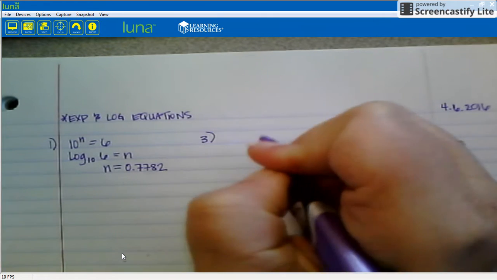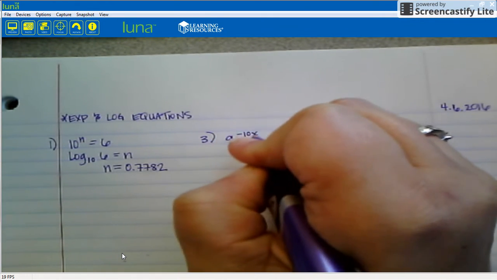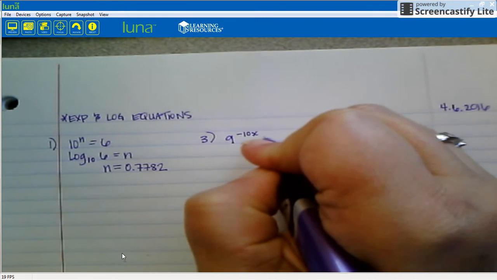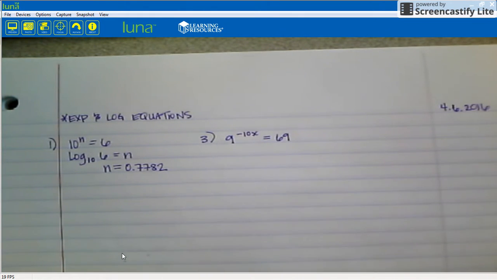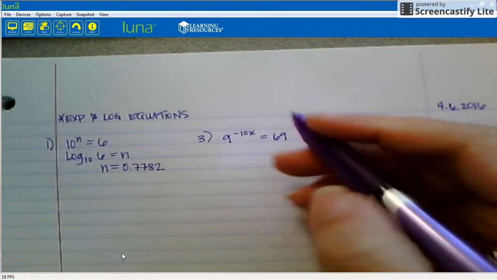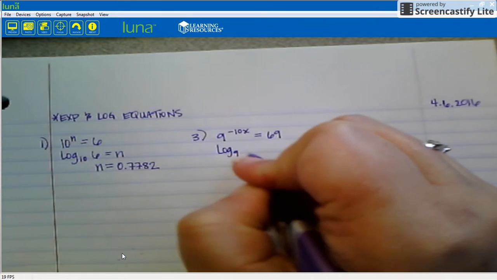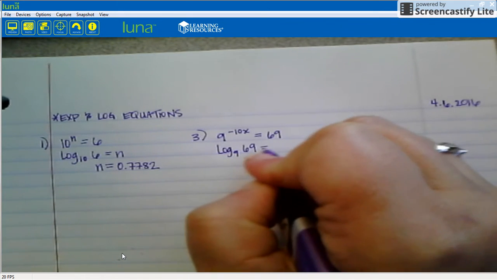Okay, for number 3, we have 9 raised to the negative 10 x power is equal to 69. So the same thing, I isolate the exponential, which is already isolated, and we take the logarithm of both sides.